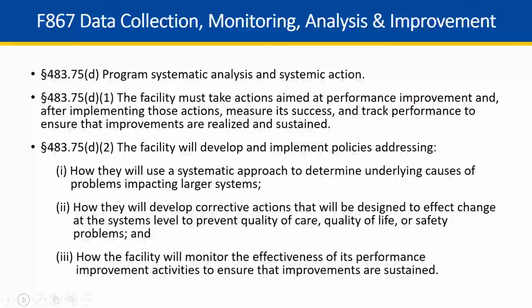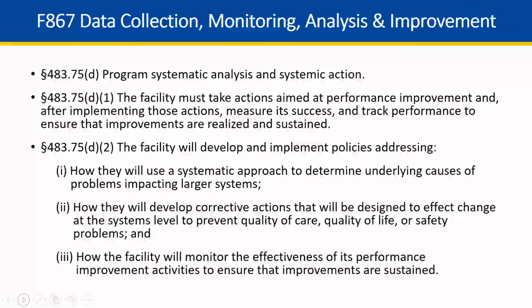Additionally, the facility must develop and implement policies and procedures which address how it will use systematic approaches to assist in determining underlying causes of problems which impact larger systems. These approaches may include root cause analysis, reverse tracker methodology, or healthcare failure and effects analysis.